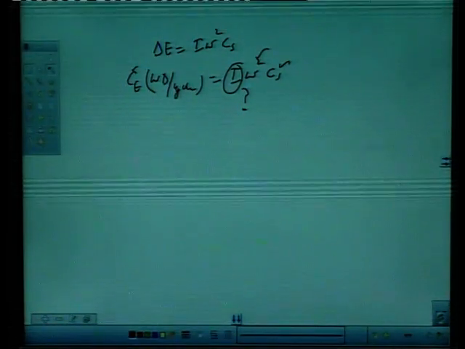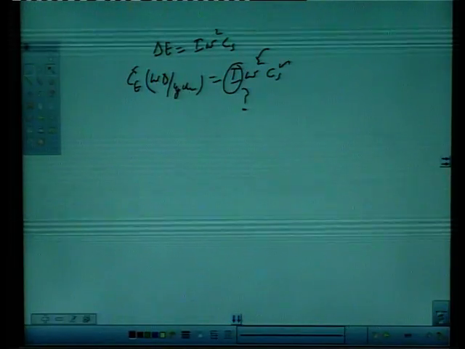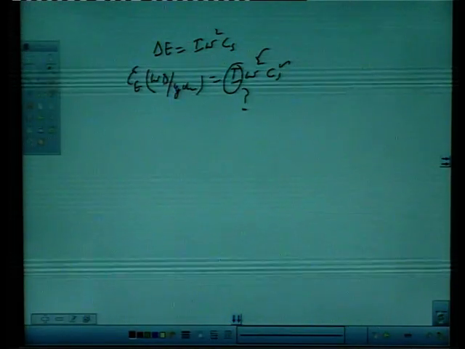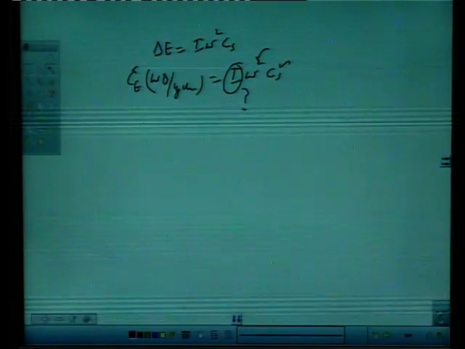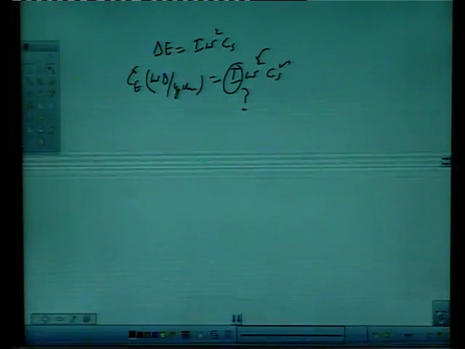Now this moment of inertia is provided by the flywheel. Flywheel is a very complicated shape. Let us draw it, since this I is provided by the flywheel.